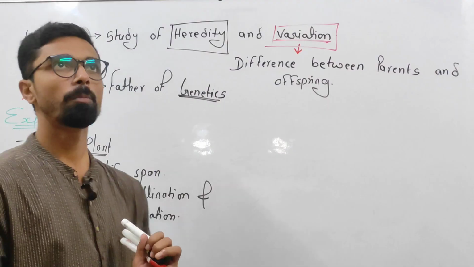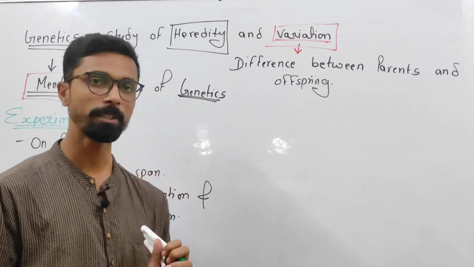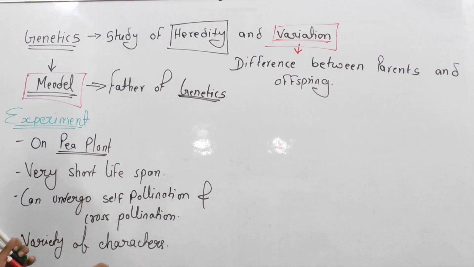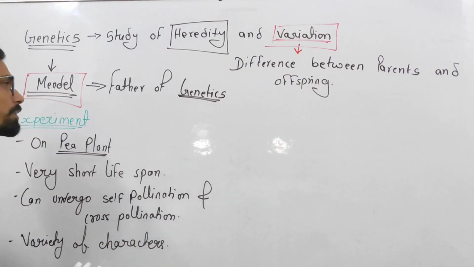Along with that, we also need to understand how many features Mendel selected on a pea plant. There is one table in the NCERT book also. Mendel selected 7 different characters of a pea plant.